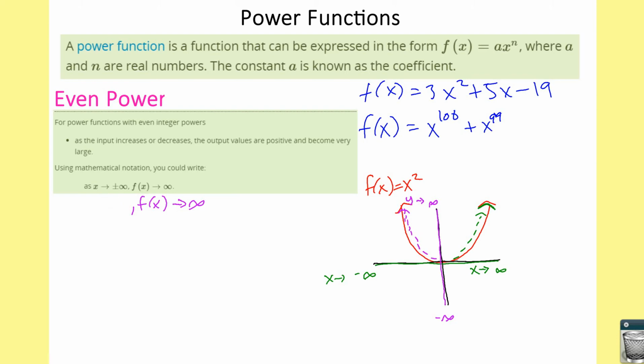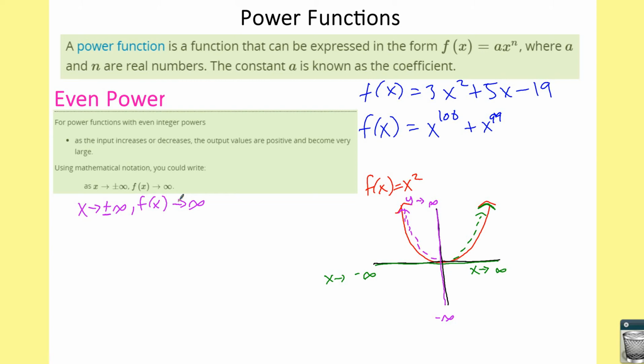Let me write this nicer. That's why it's saying as x is going towards negative infinity, f of x is also going towards positive infinity. Both ends are going up. So the left side and the right side are both going towards positive infinity.